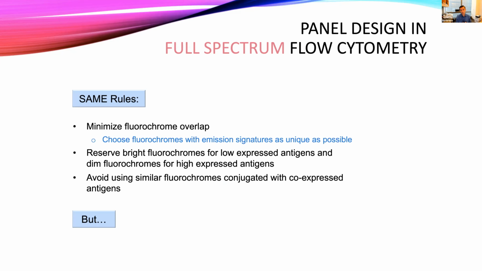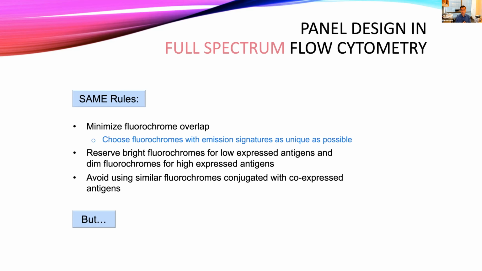And this is one of the reasons why I think it's very important not to call this technology spectral, because again, as I mentioned, all flow cytometry is spectral, which means that the rules of panel design are still the same, right? You could be confused by thinking that, okay, now we have a technology that's spectral, so perhaps the way we approach this new technology is different.